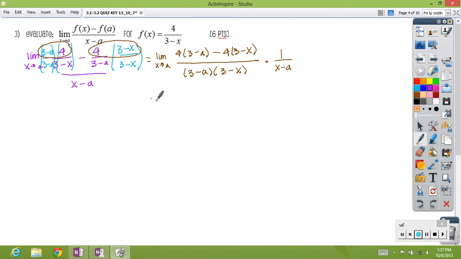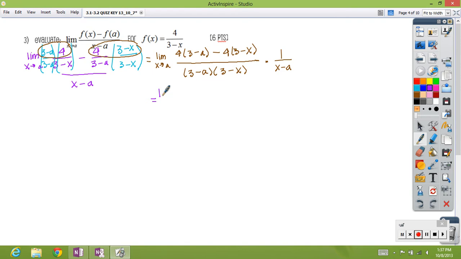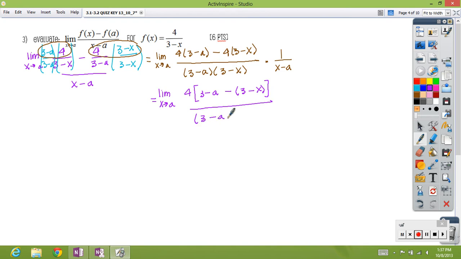And now, let's do it step by step here. Limit as x goes to a. I have 4 times 3, which is 12. Well, actually, let's do it a different way. Let's factor the 4 out. So I would have 3 minus a minus 3 minus x, all over 3 minus a times 3 minus x, multiplied by, which is the same thing as dividing also by x minus a.